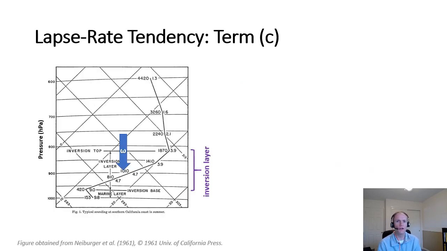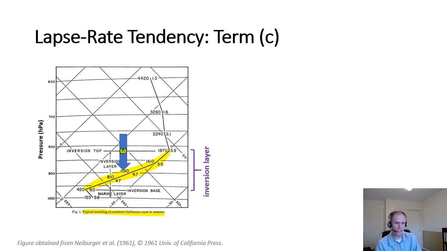So going from here, we can even take a step back from that vertical cross-section. We can look at just one location. We can look again at our typical sounding from Southern California during the summertime months. And we have our inversion layer, which I'm highlighting here in yellow, with our temperature trace underneath that region here. And we know that we have downward directed vertical velocity.